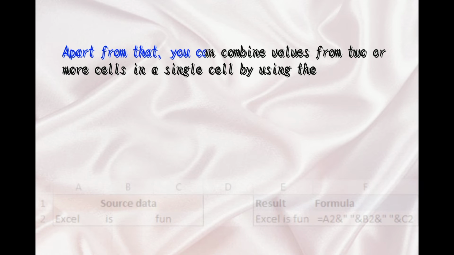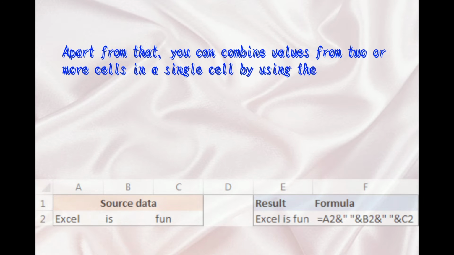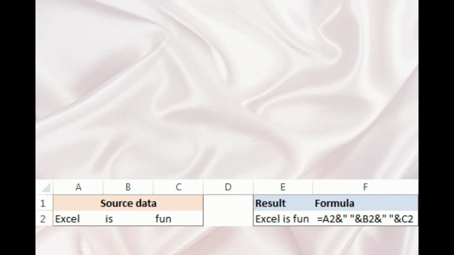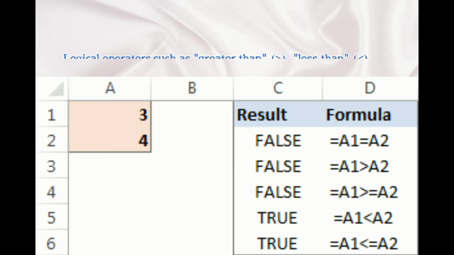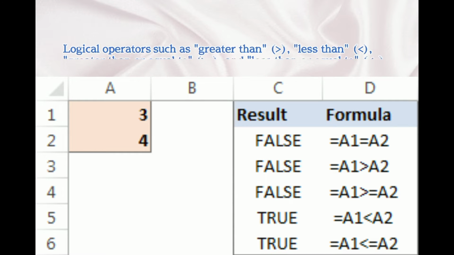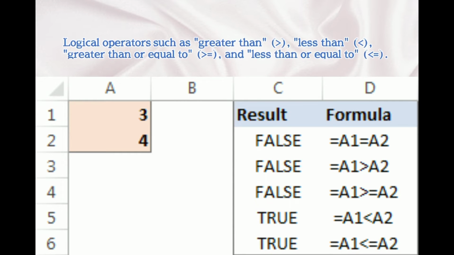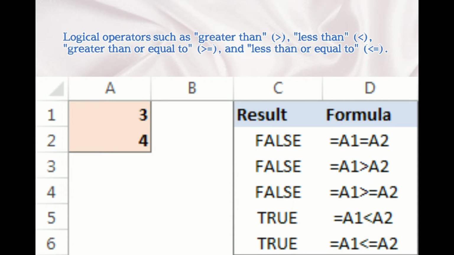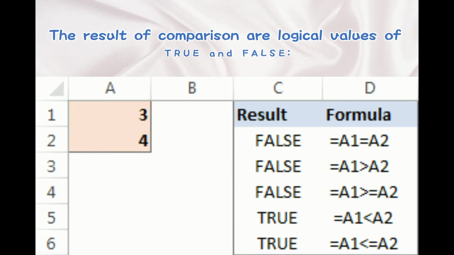Apart from that, you can combine values from two or more cells in a single cell by using the concatenation operator, like this. You can also compare cells by using logical operators, such as greater than or less than, greater than or equal to, and less than or equal to. The results of comparison are the logical values true and false.